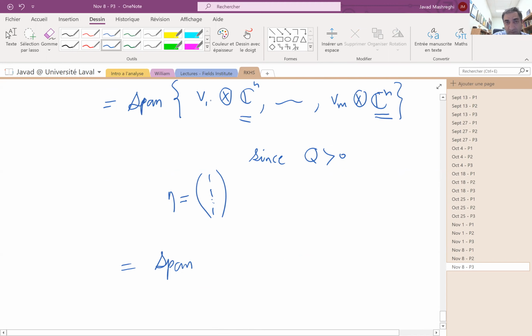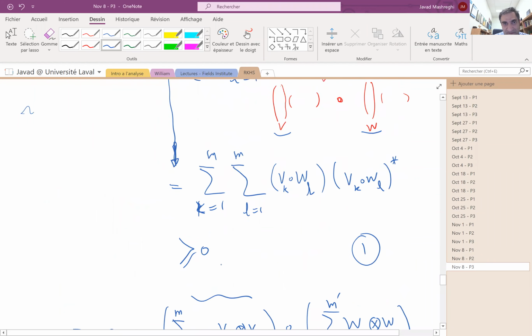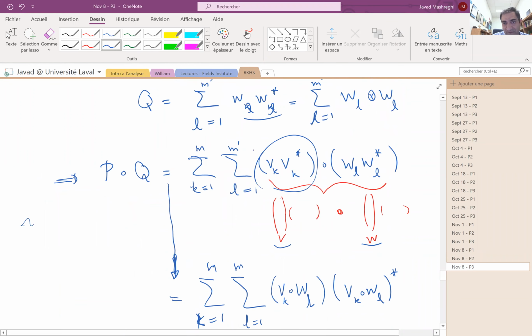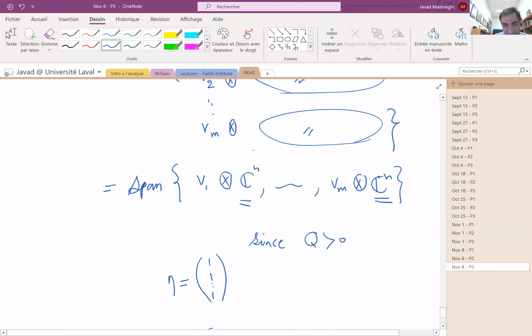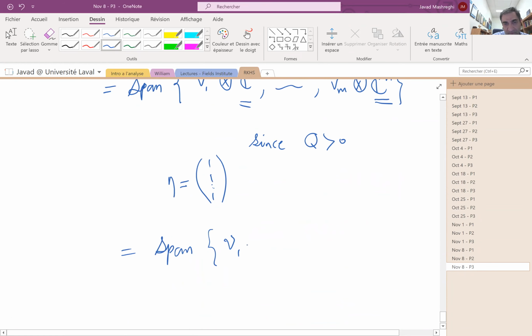What is v1 tensor with eta? If you look carefully, indeed, here I should have written it with this notation. This notation is better, but still it works. It is v1, v2, and v_m.